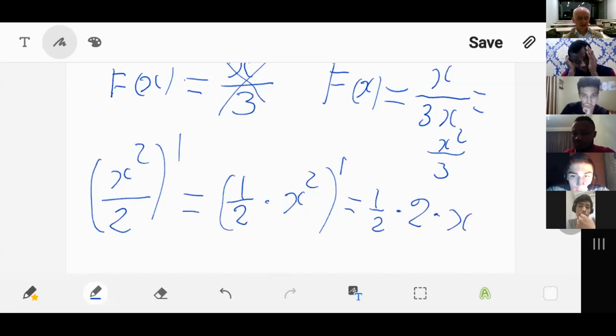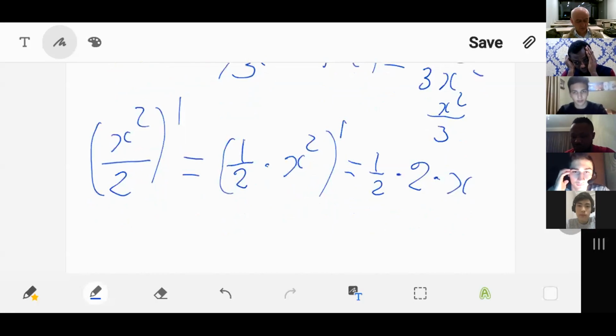This is the shortest way to find this derivative. Of course, we can use the quotient rule of derivative. Quotient rule. Do you remember? The derivative of f divided by g. But this is the shortest way: move out 1 over 2 and find the derivative. So it's x.